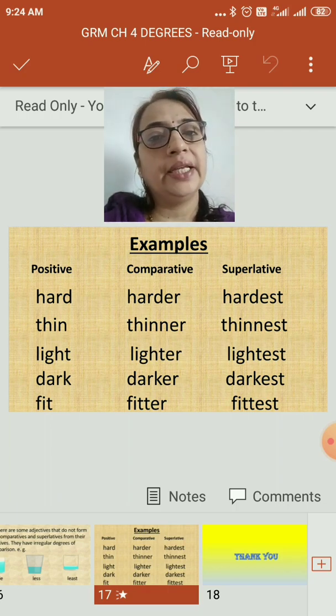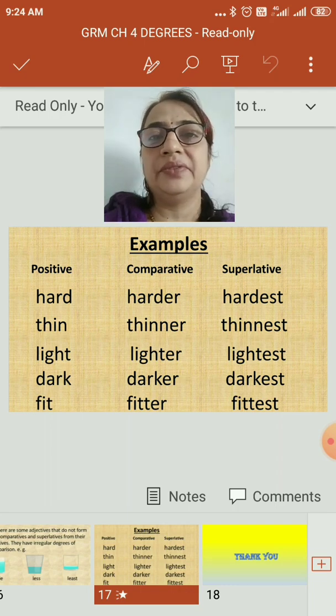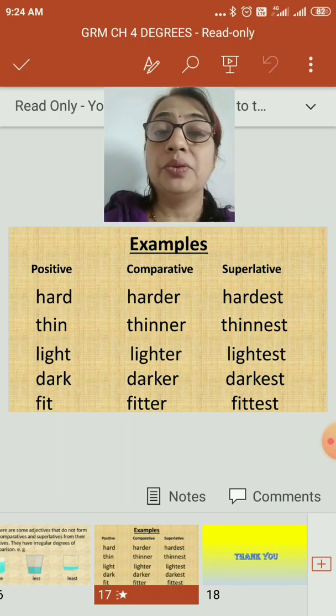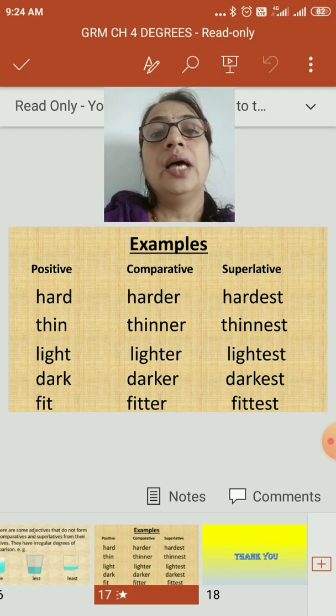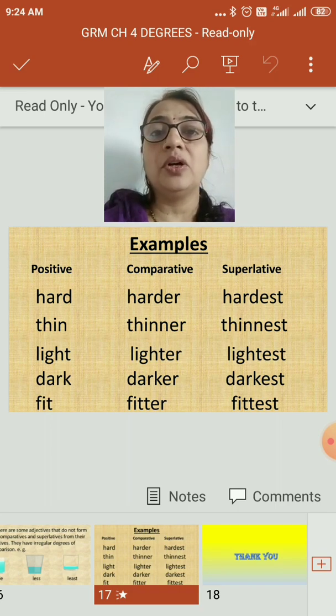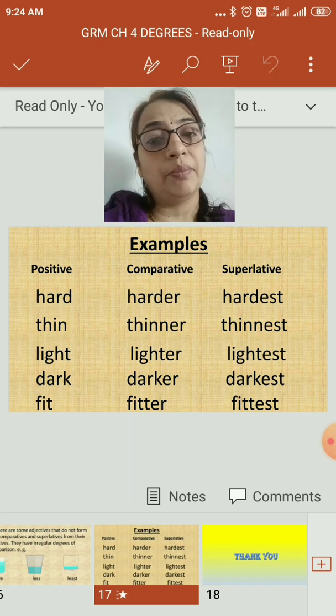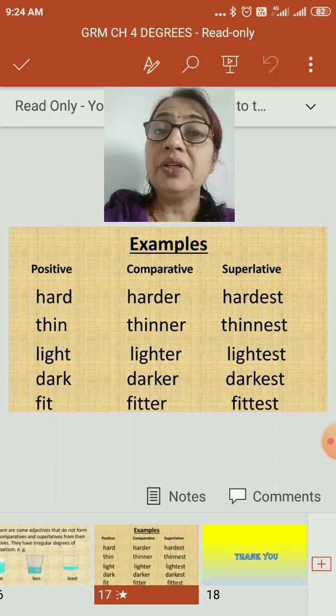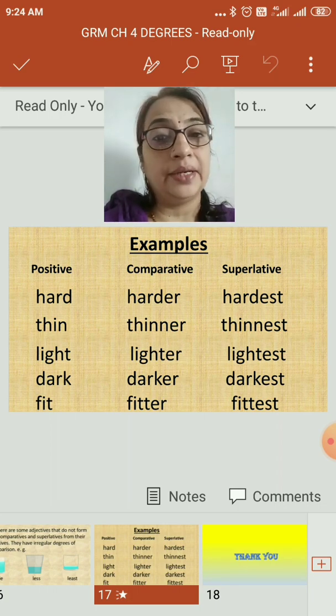So these are the very few examples I have given here, children. But you go through the books and search for other examples and read them again and again. Try to find out what changes they have made to convert the positive word into comparative and superlative, which rule they have applied over there.